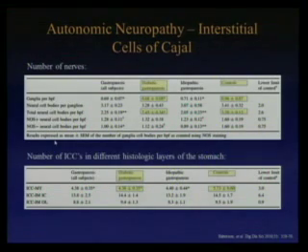Additionally, when they looked at the different histologic layers of the stomach, the interstitial cells of Cajal that were in the myenteric plexus of the diabetic gastroparetic patients were also statistically significantly reduced compared to those of the control. Again, this strongly suggests that they at least play some role in the development of impaired motility of the stomach.